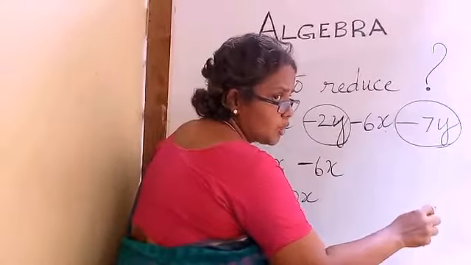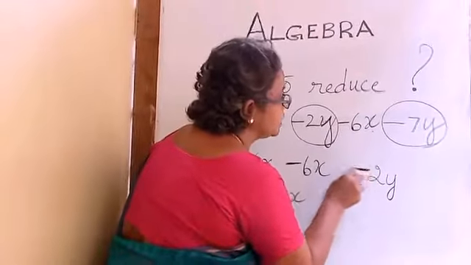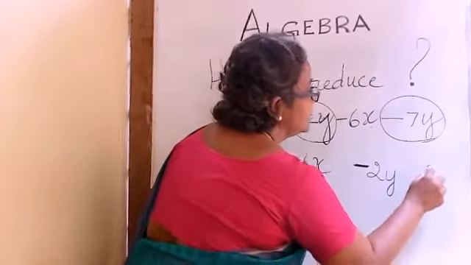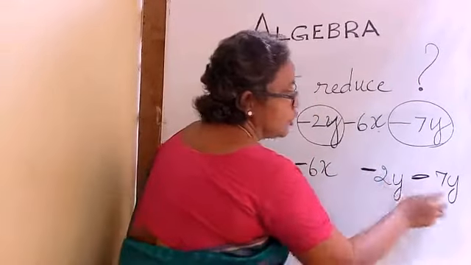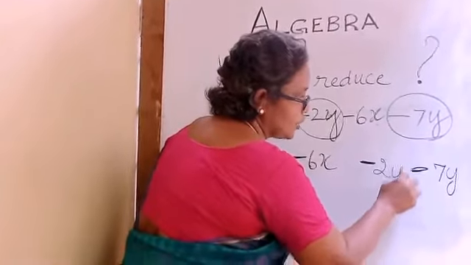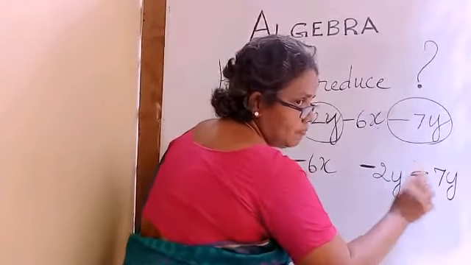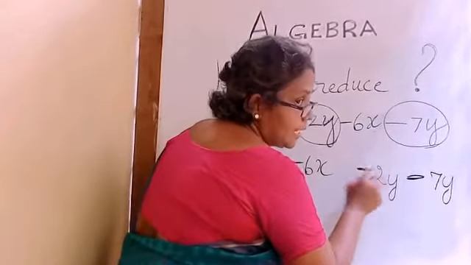I bring down these two like terms down. 2y along with its sign, and then 7y along with its sign. Look at these two terms. Both of them are like terms. Why? Both of them have the same variable y. Also, both of them are negative terms.